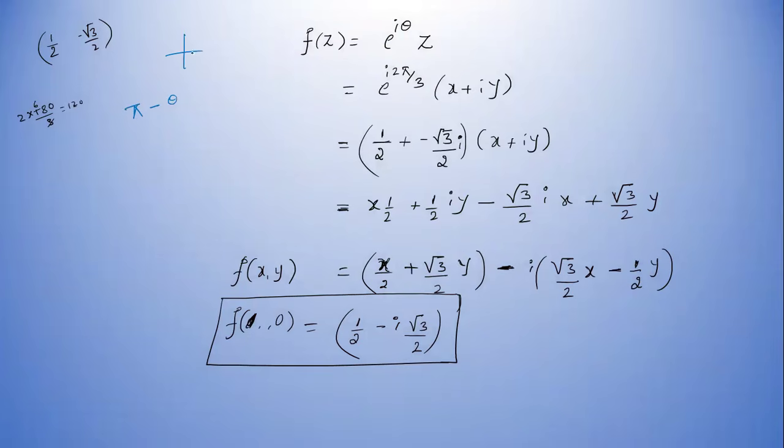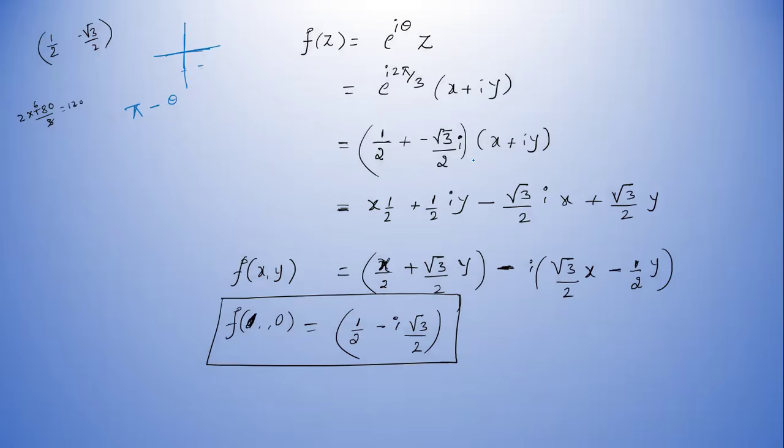Here imaginary part is negative, and this is positive. That means minus theta. Here 1 by 2 plus minus root 3I divided by 2 into z, here x plus I y.